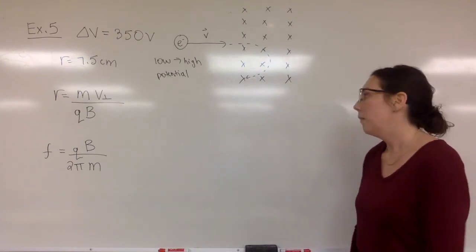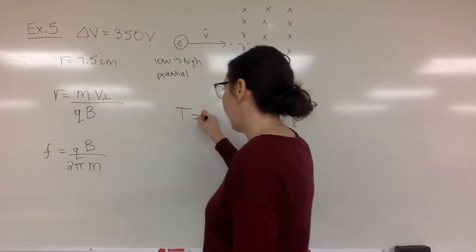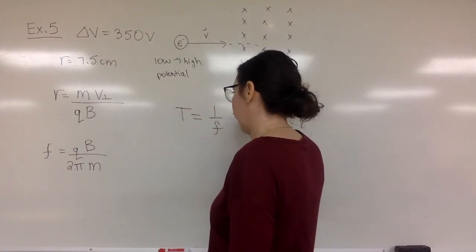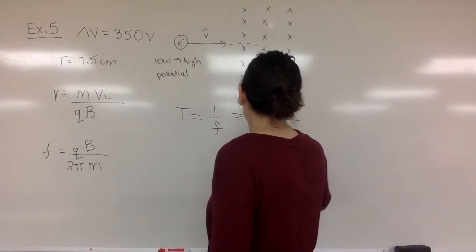So this is its frequency here. We can calculate its period just by inverting that, 1 over the frequency, 2 pi m over qB.